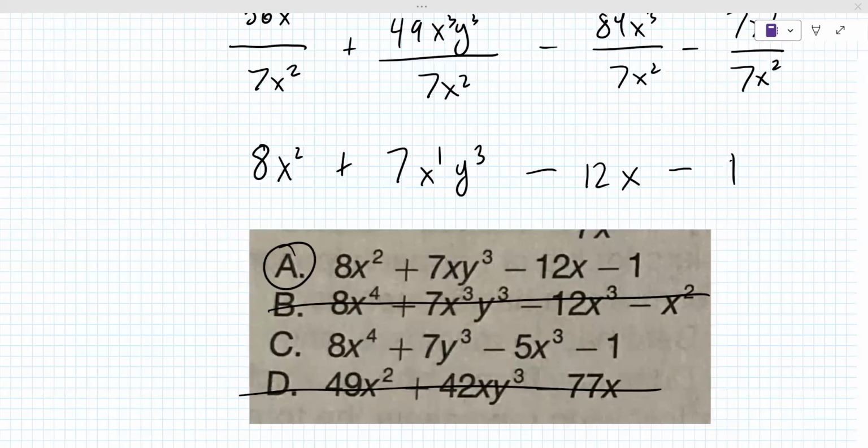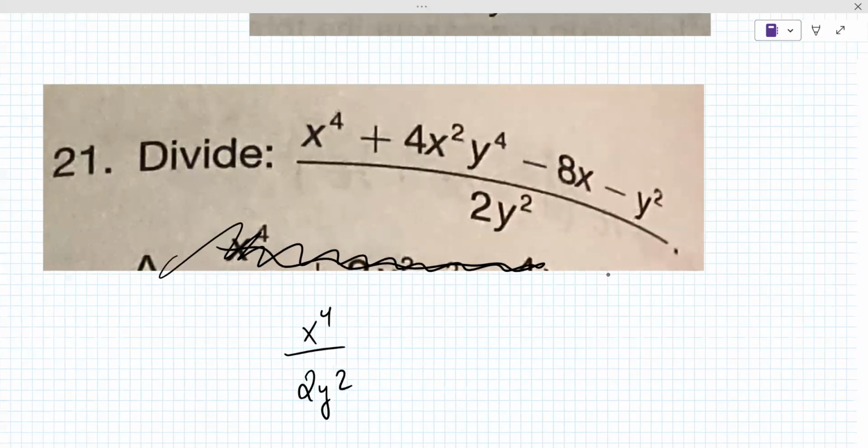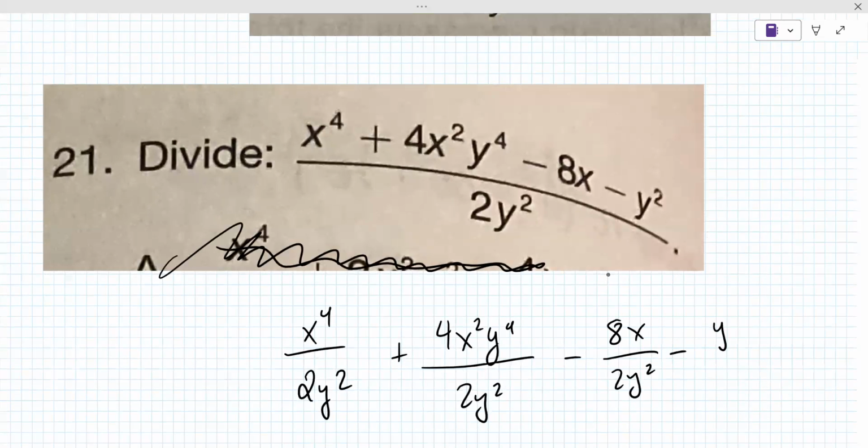All right. Now, 21 is really similar. So this one, you're going to divide each of these by 2y squared. What do I do with the first one?